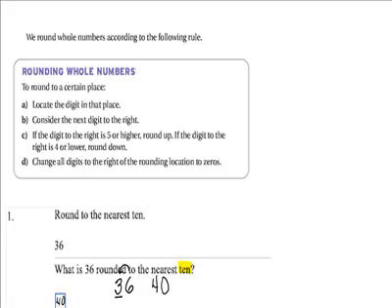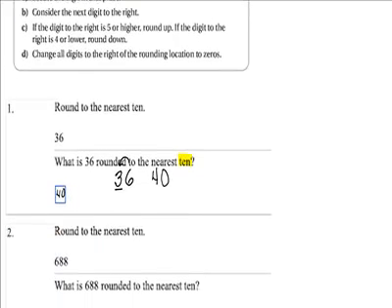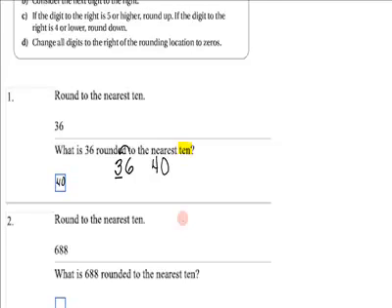All right, let's look at another one. We have 688, and the instructions say round again to the nearest 10. I have an 8. Now, the size of that number doesn't make any decisions.